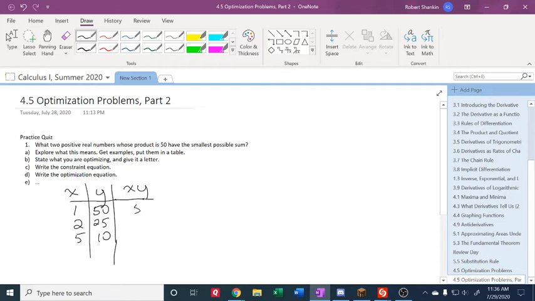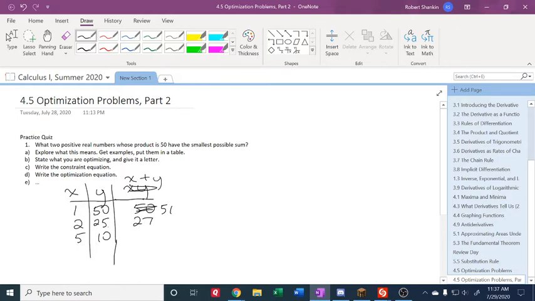And the more that I put them, yeah, 27. Okay, now this is 51 when I add them together. This should have been, sorry, x plus y.